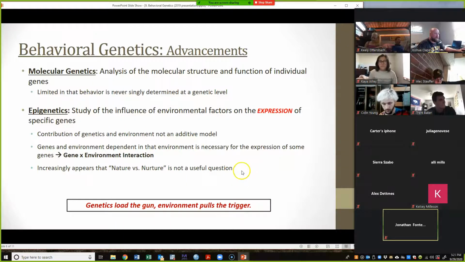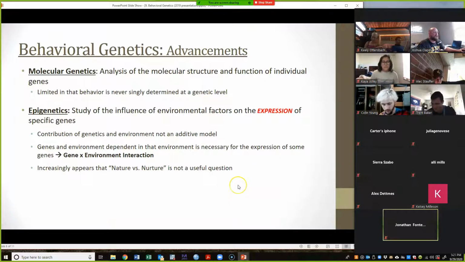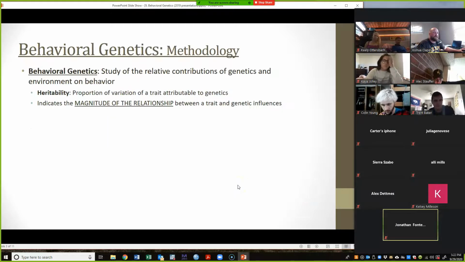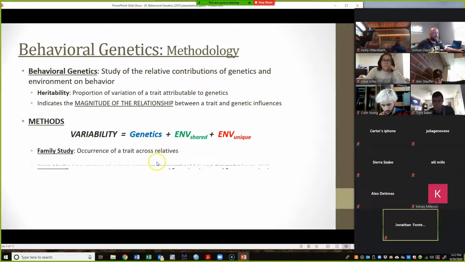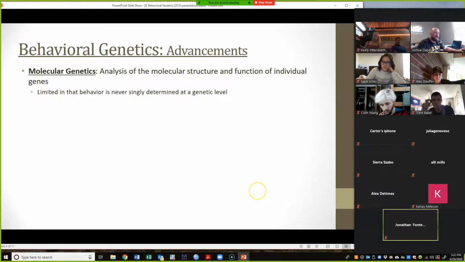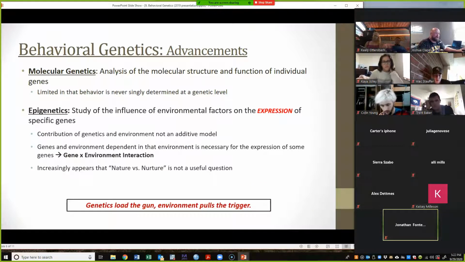And this is where we get into epigenetics, where my shared environment isn't just operating independently of my unique environment, and my genetics isn't operating independently of those. They're not all just doing their own thing. What we get is interactions. We get things that are impacted by one another, and this is where epigenetics comes into play.